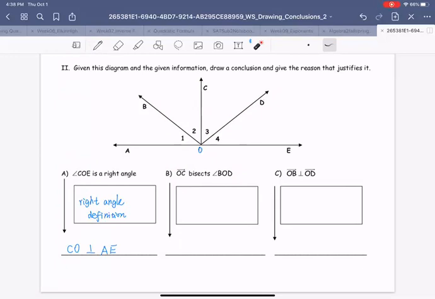Right, but angle bisector means these two angles are equal. What if it's not equal? If this line bisects this angle, it is going to split this angle into two equal pieces. So that's why you say angle 2 equals angle 3.